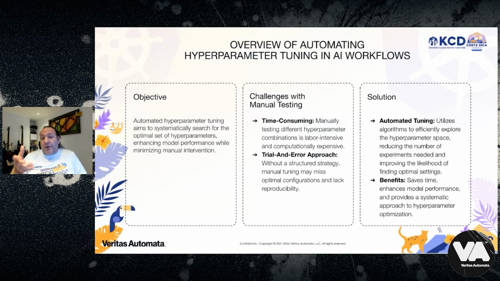The challenge of manual testing, you can imagine, is first that it is time consuming, one step at a time. And the other is a trial and error approach, where you don't have a strategy, so you will start from one, going up to five. Then tomorrow you'll get back and say, "Oh, was it five? Yes, I wrote it." But if you have a lot of these parameters and you write a lot of things, you could start from the wrong point, get errors, with no structural strategy.